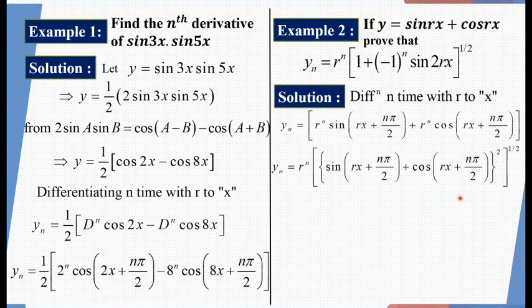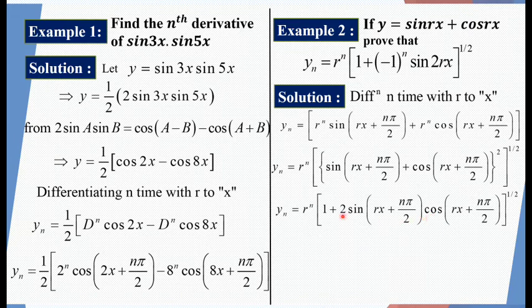What is the formula? a square plus b square plus 2ab. So it will be sin square(rx + n pi by 2) plus cos square(rx + n pi by 2), which is 1, plus 2 sin(rx + n pi by 2) cos(rx + n pi by 2), power half. So 2 sin a cos a is sin 2a.